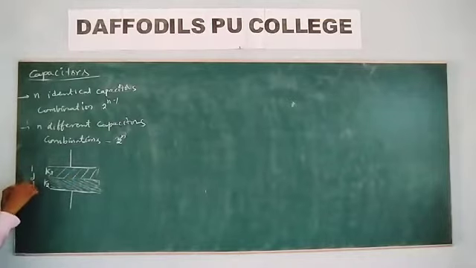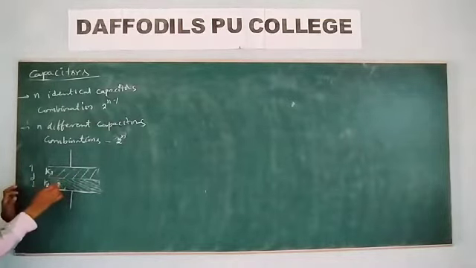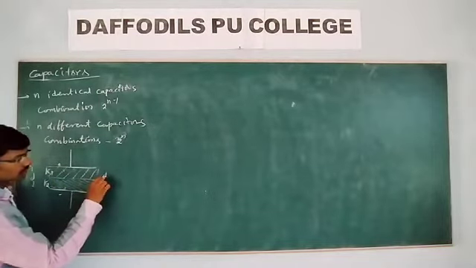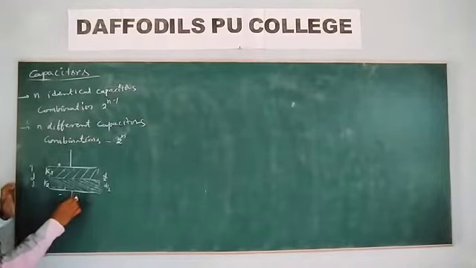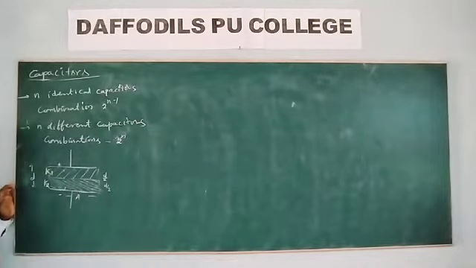Initially the spacing between the plates of the capacitor is D, and it becomes D by 2 for each dielectric, but the area of each plate remains the same.